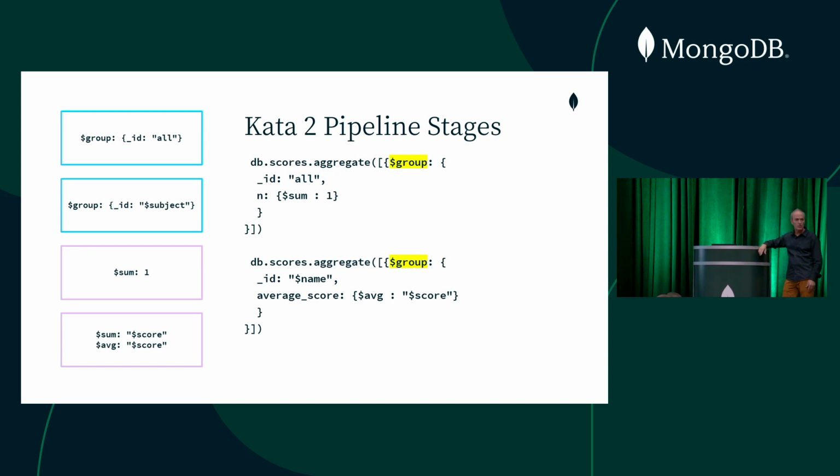So there's no syntactic sugar for that today. That's how you count. On the bottom, we see using the $avg, and that intuitively behaves how math behaves. So it does the average of scores. There's stdev and stdevp, and avg is mean.